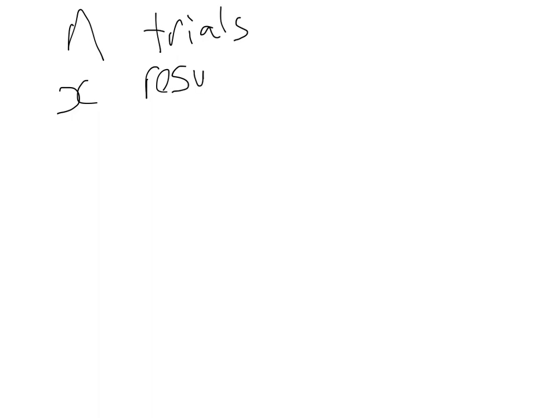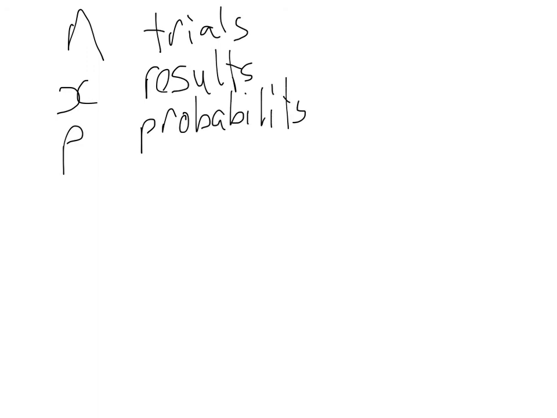We can then formalise that probability. If we had n trials, and we wanted x results, with a probability of p for each one, our formula comes out like this.